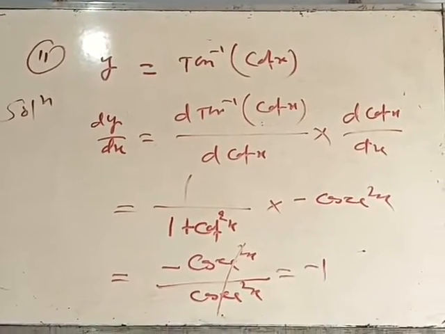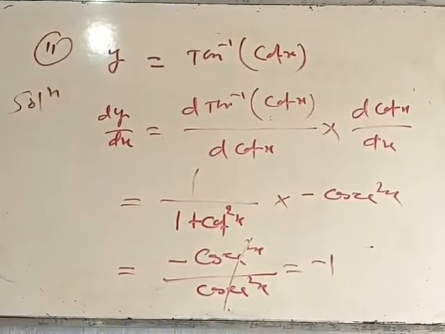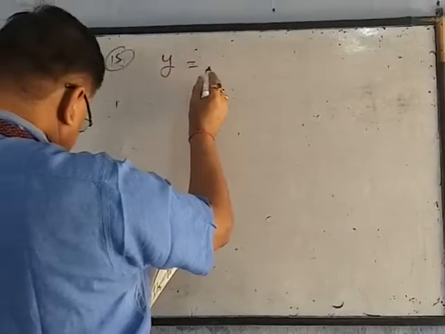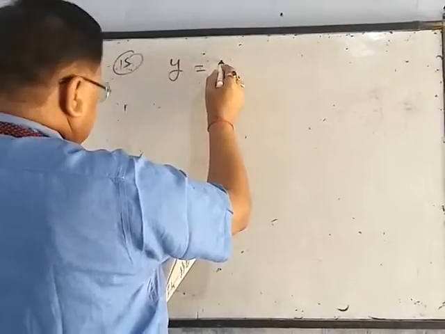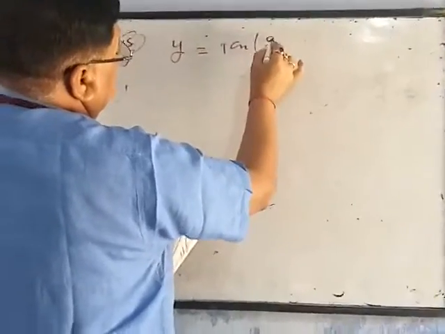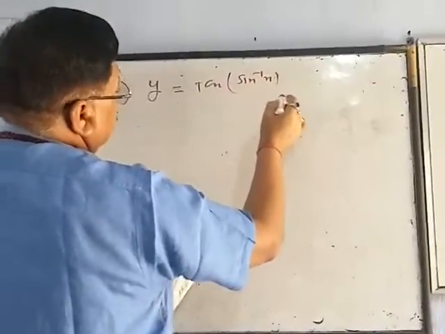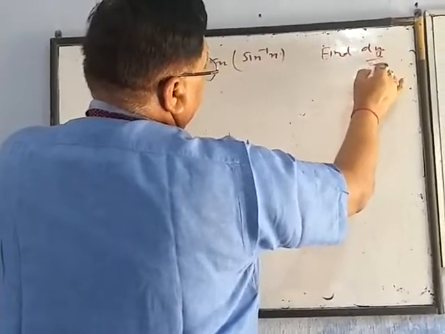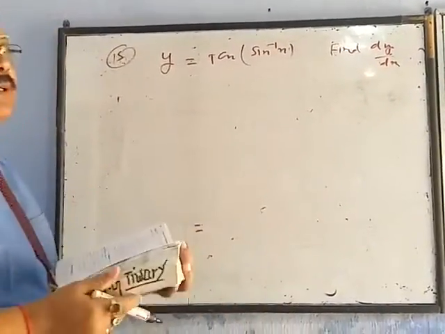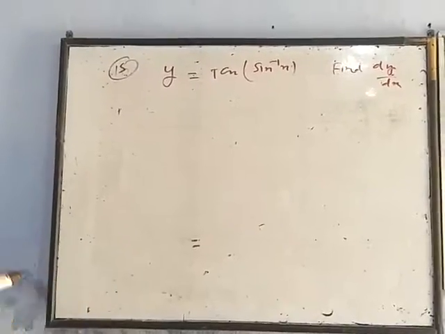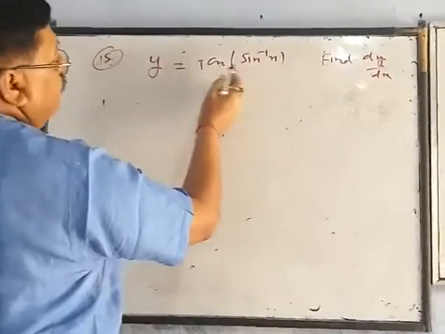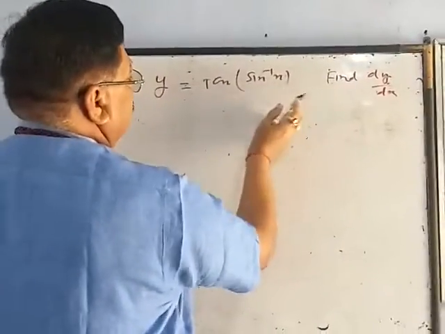So this is the value of dy by dx. Next one, student, question number 15. Then y equals tan of sine inverse x, find dy by dx. Student, this is the question. Now we know this. Tan depends upon sine inverse, sine inverse depends upon x.